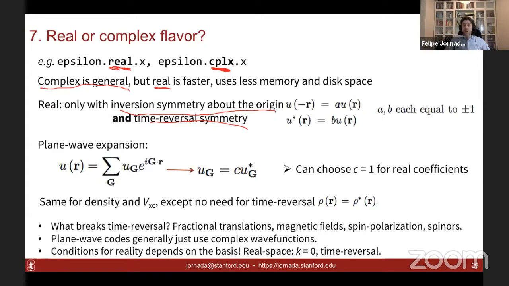And if you try to use the complex version on a system that has inversion symmetry, the code will tell you that you could be running a faster calculation. If you're using the real flavor, but you don't have inversion symmetry, the code will tell you that you're doing something that is probably not okay, and your result may be wrong. So always pay attention to what the code tells you and to the output for the different wrappers.